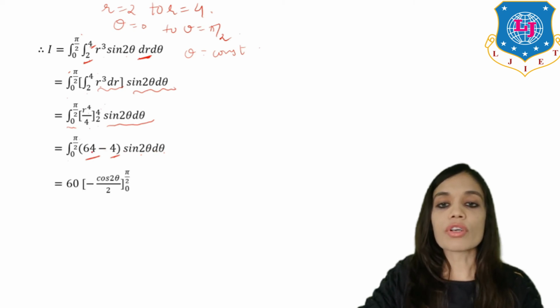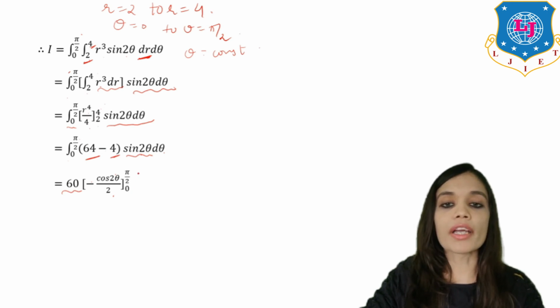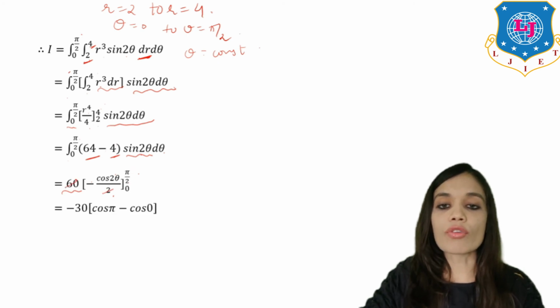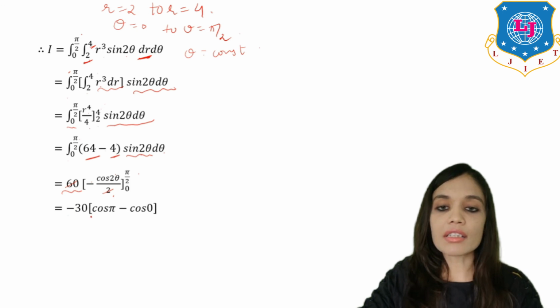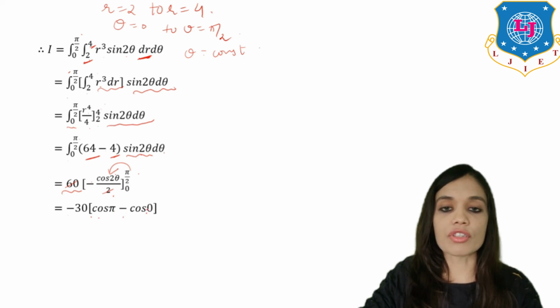Okay. Now 64 minus 4 will be equal to 60 and integration of sine 2 theta will be what? Minus cos 2 theta upon 2 and your limits are what? 0 to pi by 2. Okay. Now let us put the limits in place of theta and cancel these two out. So you will get minus 30 and here if you put pi by 2 you will get cos pi minus cos 0.